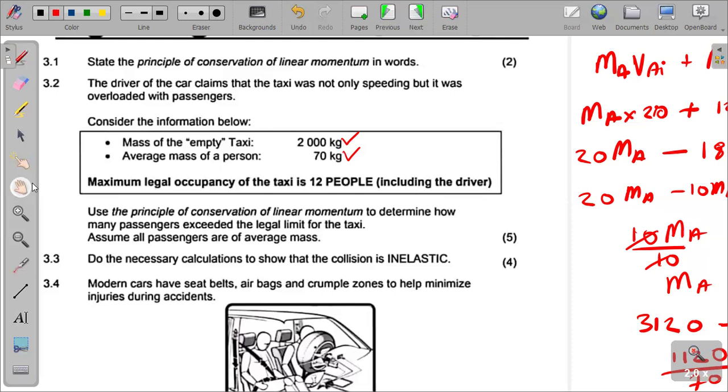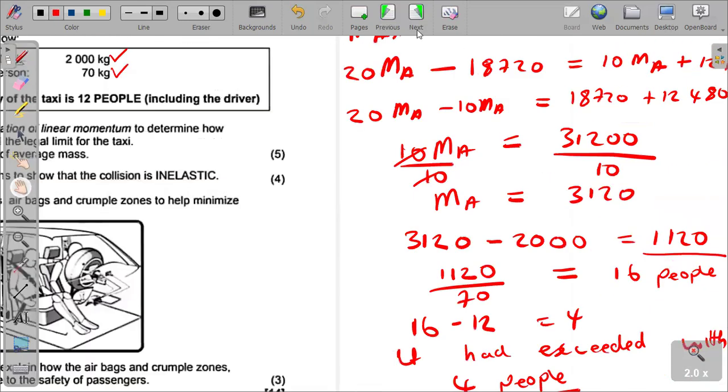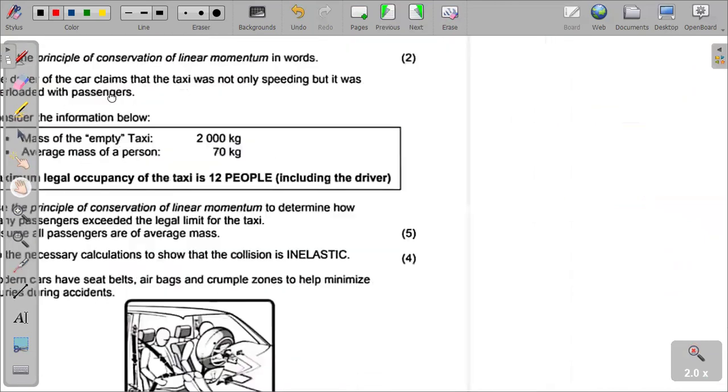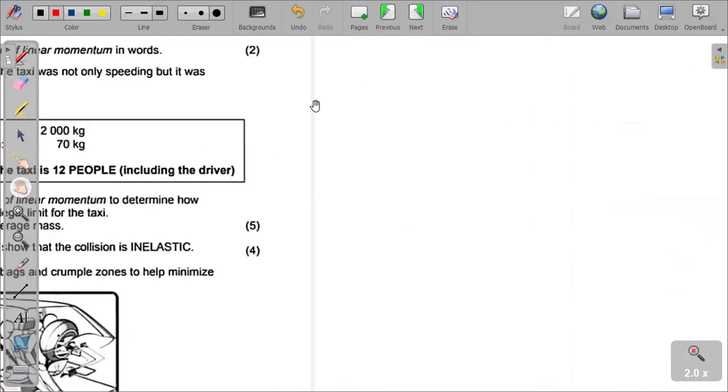So with that in mind, we want to check, is there a change in the total kinetic energy. So we want to first calculate the total kinetic energy before, and we calculate the total kinetic energy after. If it is an inelastic collision, we say sigma of EKI should not be equal to sigma of EKF.